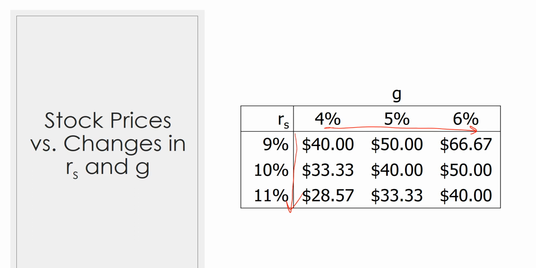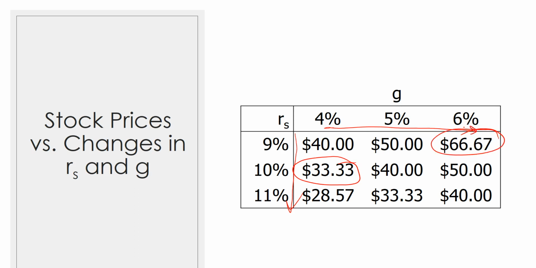So here let's look and see what happens. If the growth rate is 4% and the required return is 10%, then the stock price is $33.33. Now let's see what happens if our growth rate is 6%, so it's gone up 2%, and our required return decreases to 9%.